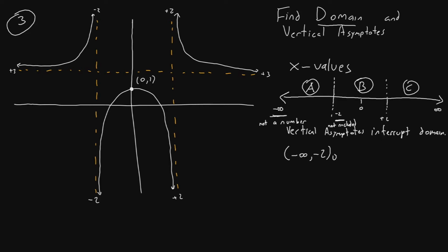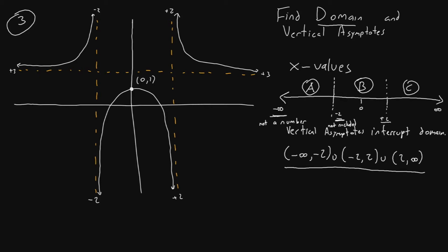Now for region B, the beginning of region B is the dotted line on the left, that's -2, and we go to the other dotted line, which is +2 here. So we'll say -2 to 2. And now another union because we have a third piece coming, that's region C. Region C goes from 2 to infinity. That gives us our domain.